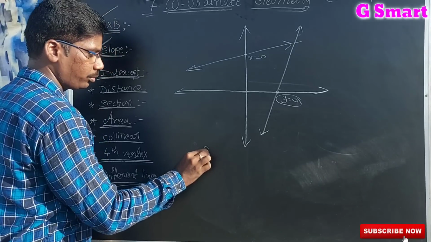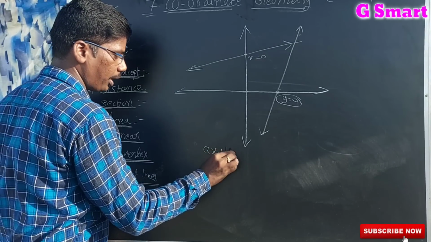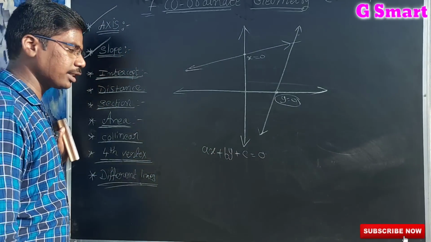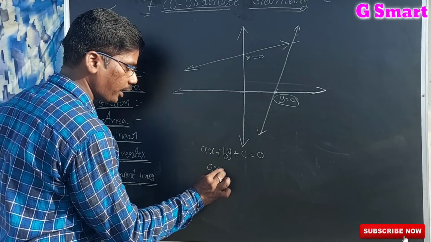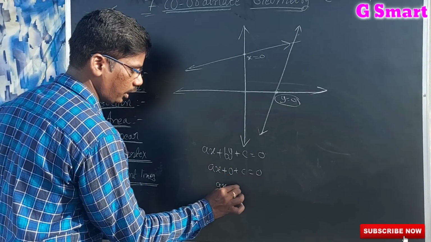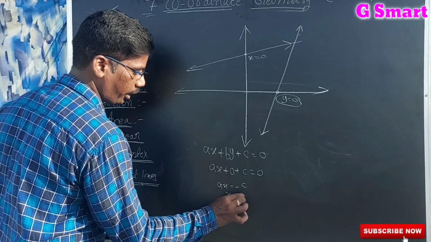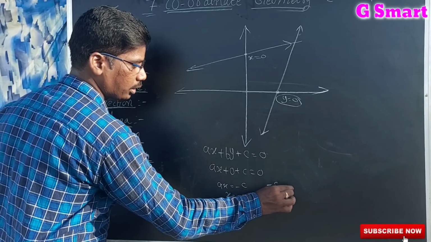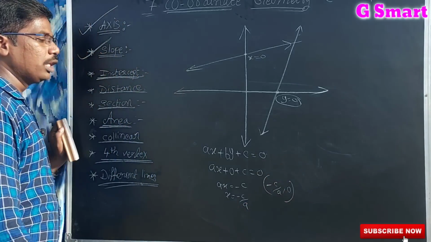For example, ax plus by plus c is equal to 0 is a line intersecting the x-axis. Intersecting the x-axis means ax plus 0 plus c is equal to 0. So ax is equal to minus c, and x is equal to minus c by a. That means the point is minus c by a comma 0. This is the point which lies on this line.